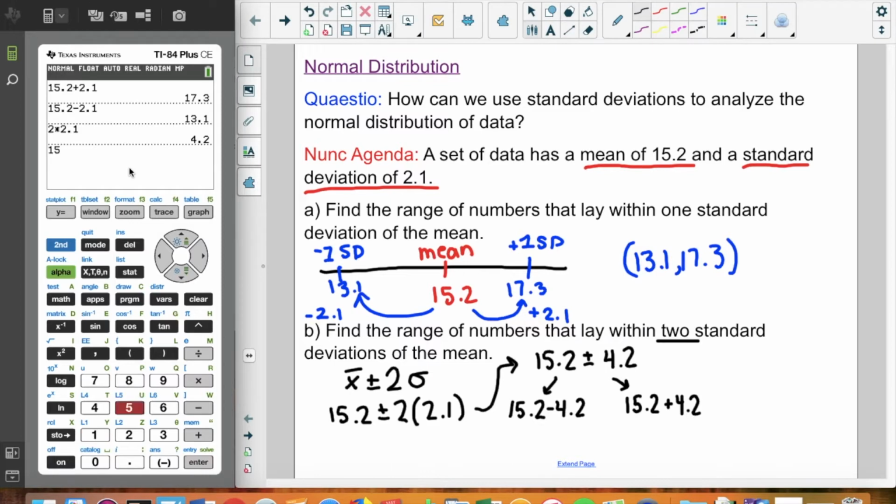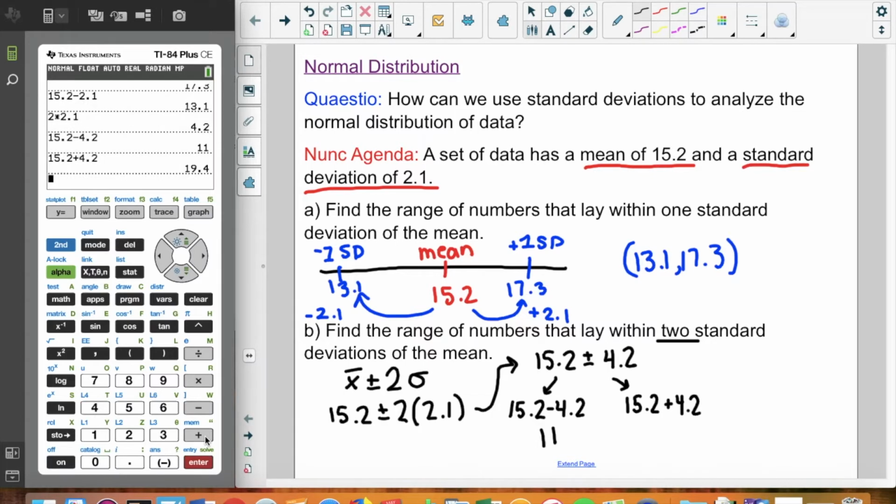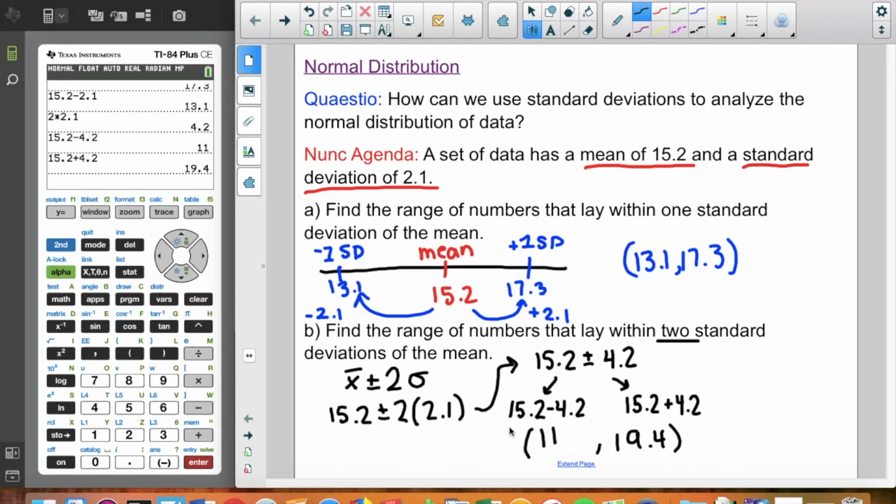So 15.2 minus 4.2 is 11. So this value here is 11. And then 15.2 plus 4.2 gives us 19.4. So this here is our range within two standard deviations. Again, whichever method you use, both are correct and both are acceptable.